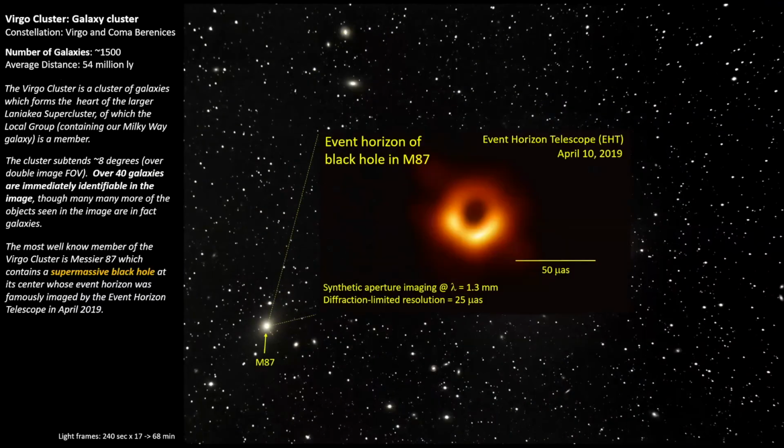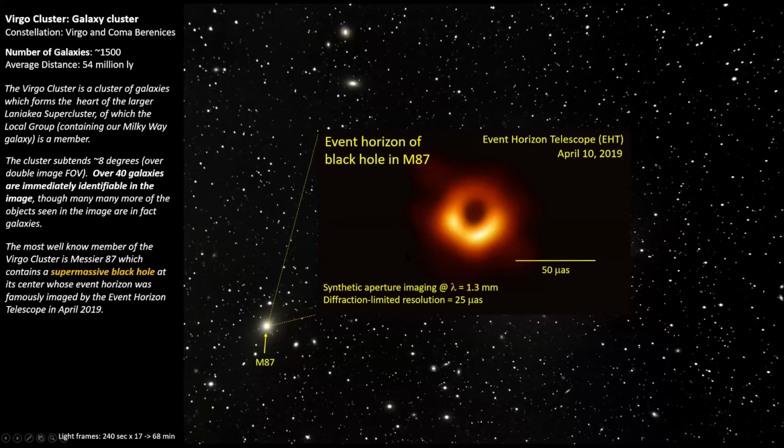So I mentioned that M87 is the most well-known member of the Virgo cluster, and it contains a supermassive black hole at its center, and it was famously imaged just recently by the Event Horizon Telescope in April 2019. And this is the image that was taken by the Event Horizon Telescope.